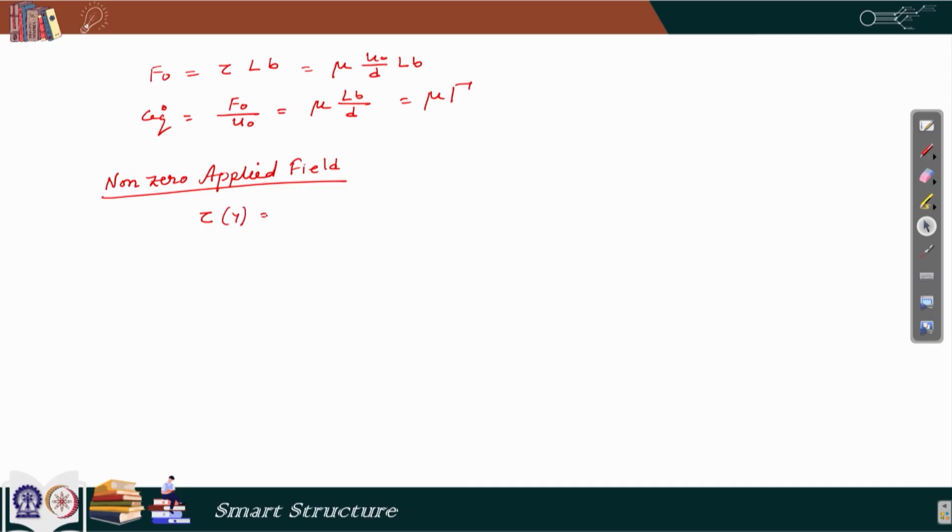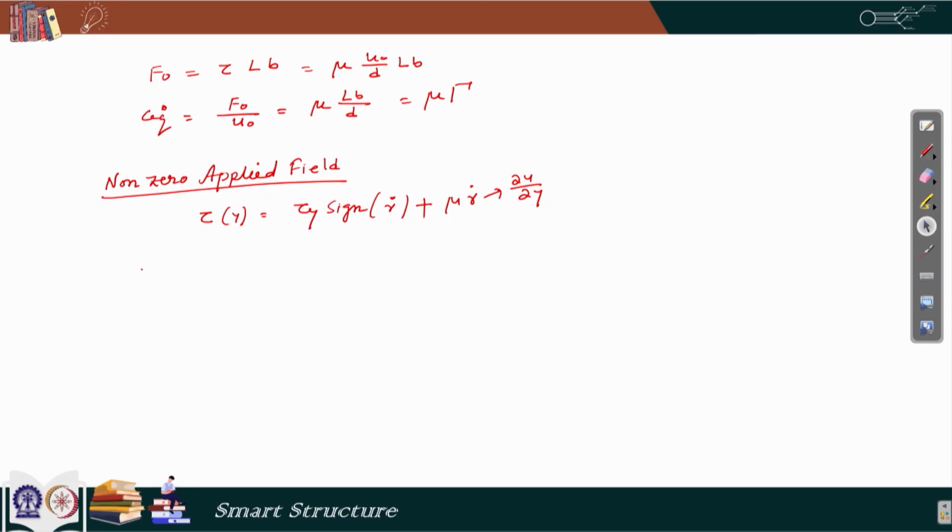So, tau as a function of y is tau y multiplied by the sign of gamma dot, which can be plus or minus, plus mu into gamma dot, and we know that gamma dot is del u by del y.